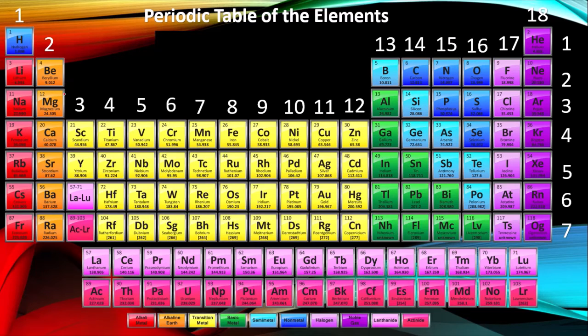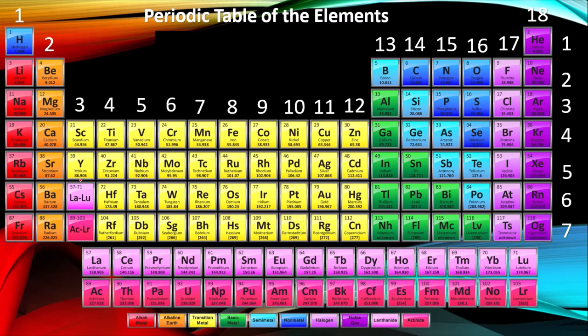Here's the 5th row and here's group number 2. If we go to the 5th row, we find strontium. That means strontium is in the 2nd group and in the 5th row.